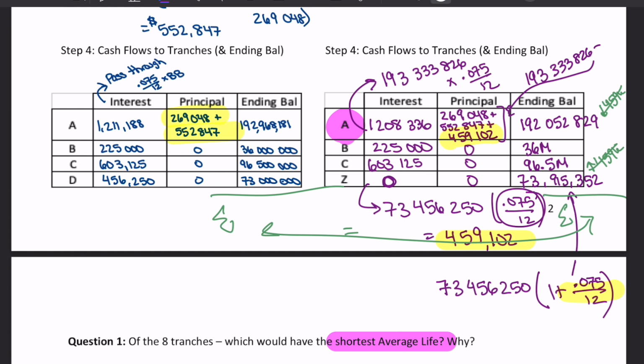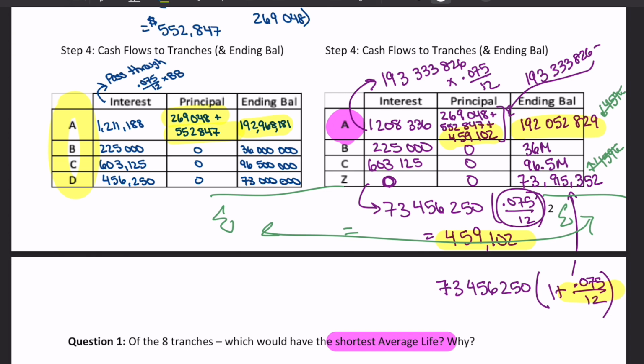So over on the left-hand side, this is just a sequential pay, right? So A gets the scheduled principal and the prepayment until A is fully paid off, then it goes to B. Versus if you had the sequential plus the Z, A actually ends up getting paid down faster because not only is it receiving the scheduled principal and the prepayment, but it's also receiving the interest that would have gone towards Z. So even if you just look at comparing the ending balances, the ending balance of just the second month over here on the right-hand side is going down faster.